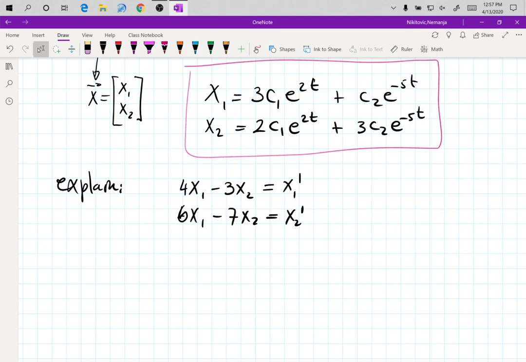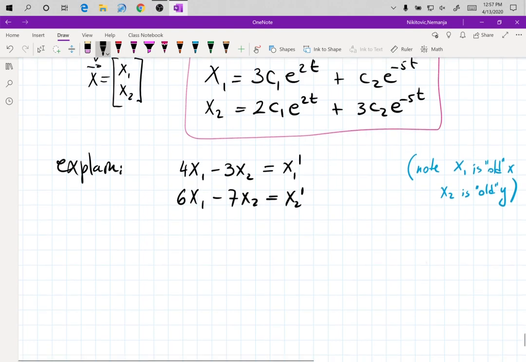They're all in terms of t. As a note, x1 is the old x, x2 is the old y. If you are confused by these things, it's just x1 and x2, and if you have a third equation for a z, we'll just go x3. It's just making sure that we can do this past 26 letters in the alphabet.